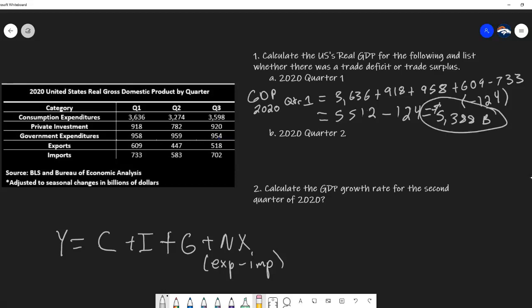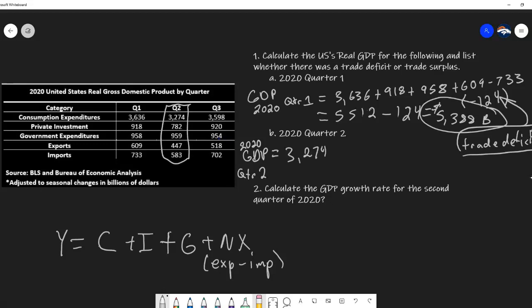Now the question asks, is it a trade surplus or a trade deficit? In this particular example, it's a trade deficit. How do I know that? Because here, all right, so the second quarter, same thing. We're still talking about 2020 on the screen. You just sub in, so I've got my variables right here, plus 447, 580.